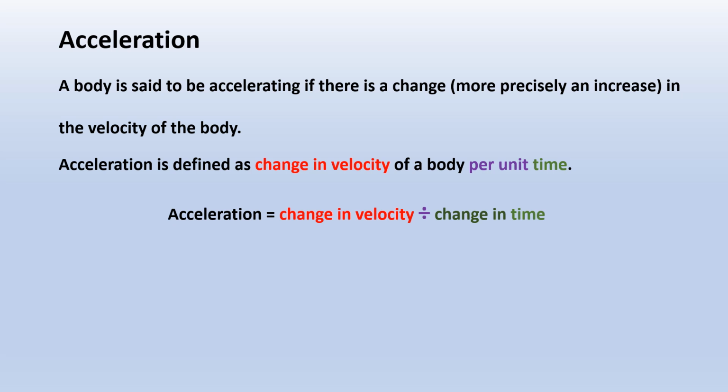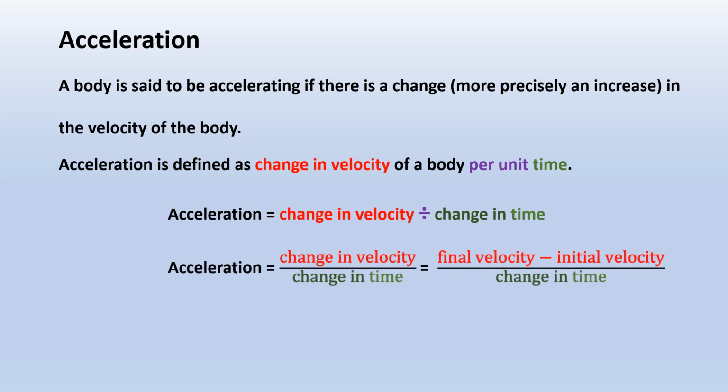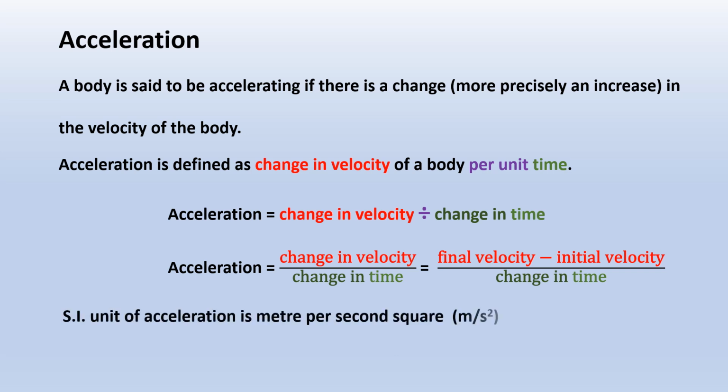By change in velocity, we mean final velocity minus initial velocity. So, the formula for acceleration is change in velocity over change in time, which gives final velocity minus initial velocity over change in time. The SI unit of acceleration is meter per second square.